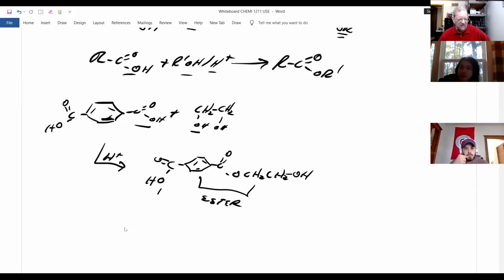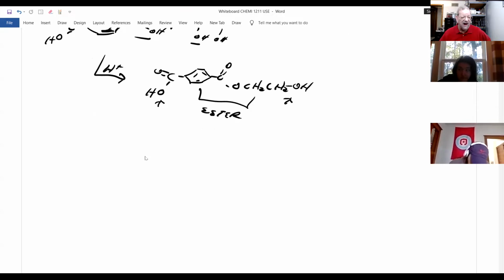Now the carboxylic acid at this end is still there, and the alcohol on this end is still there. And guess what? I can react this, say, with more ethylene glycol and an acid catalyst.